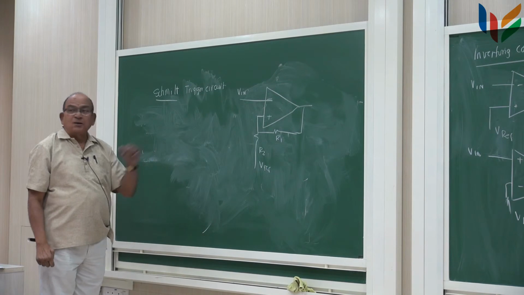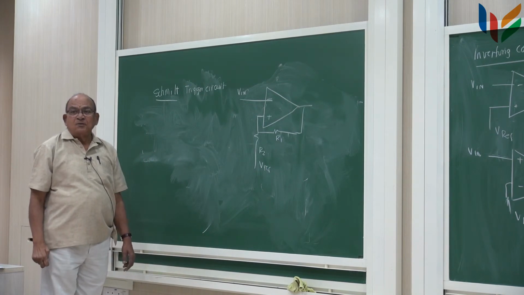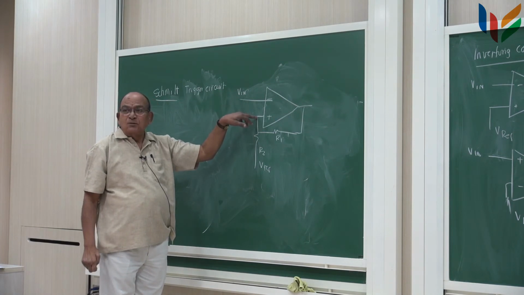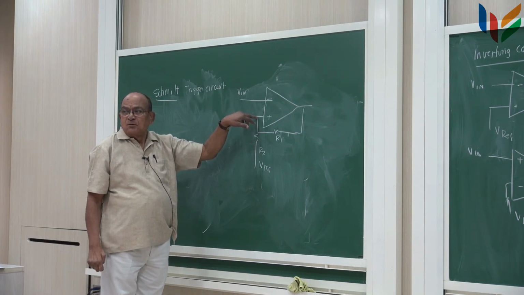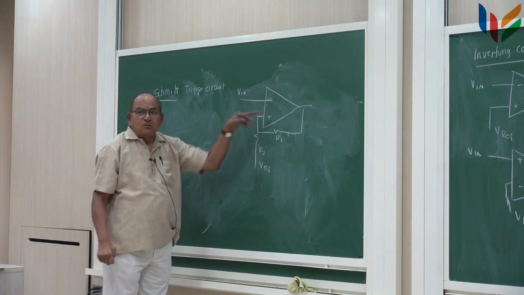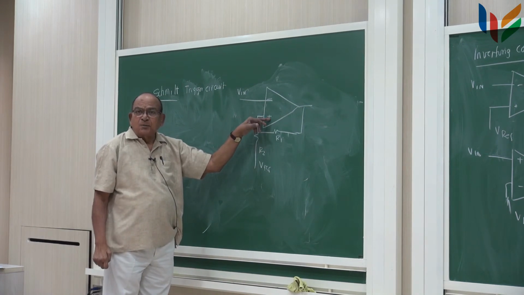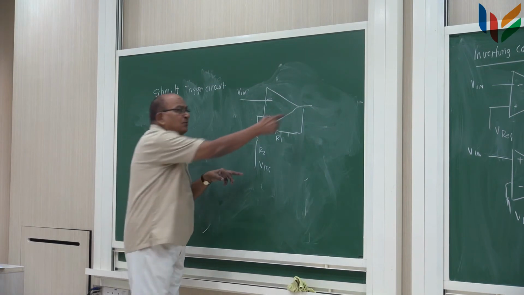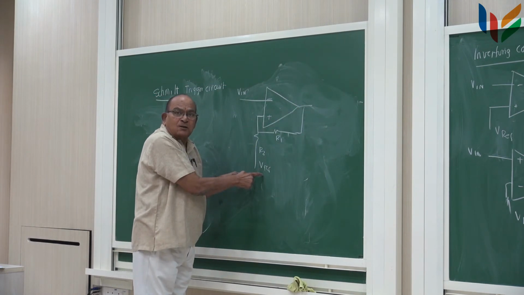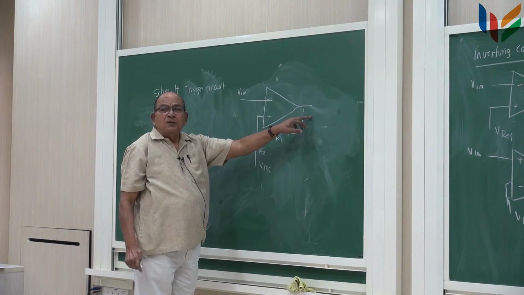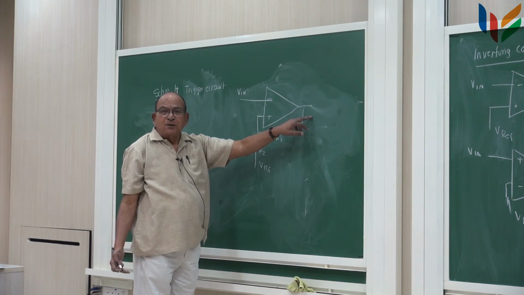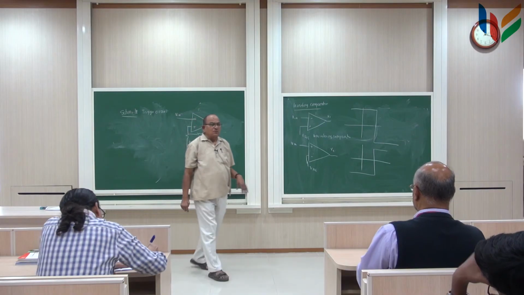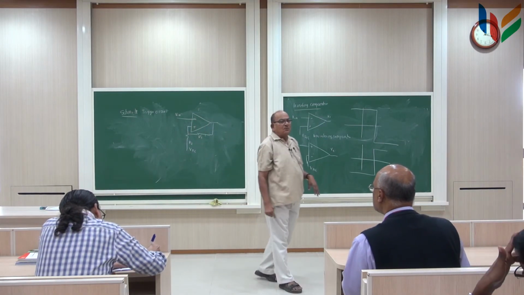So, what is the characteristic of this? This effective voltage here is equal to, no current is going into this ideal operational amplifier. So, the voltage here will be a potential division between this voltage and this voltage, and this voltage can either be plus or minus, depending upon whether it is saturated towards plus or saturated towards minus, right.